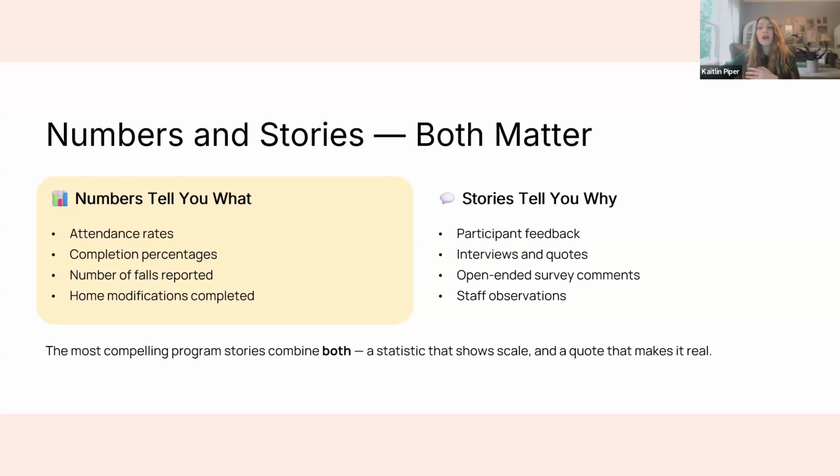And so maybe talking with those 40% and with follow-up conversations might reveal the reasons why they didn't finish and what the barriers were for them to complete. And that's the kind of information that can help us improve the program. And oftentimes, really strong evaluations combine both the numbers and the stories.